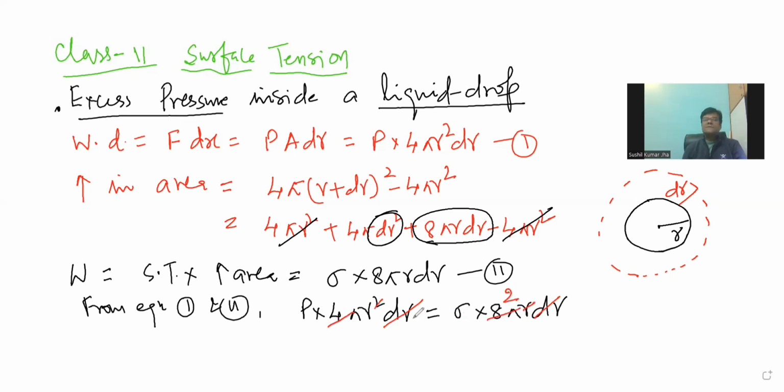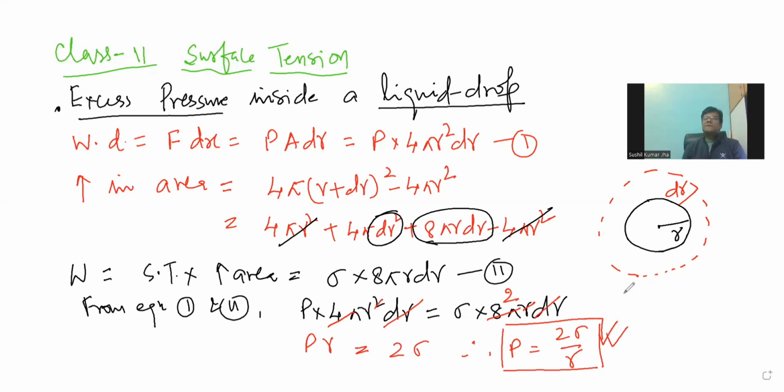So we are left with P r is equal to 2 sigma. Therefore, P is equal to 2 sigma divided by r.